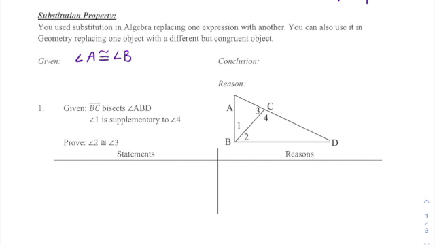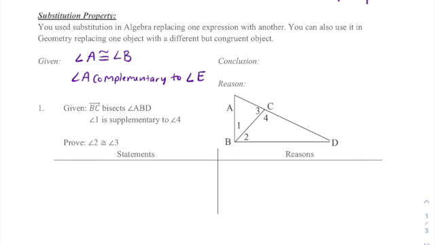So maybe they tell us that angle A is complementary to angle E. This would go with a diagram with a specific situation that we have, but we are doing it generally here.